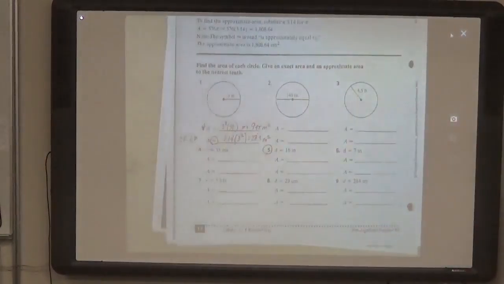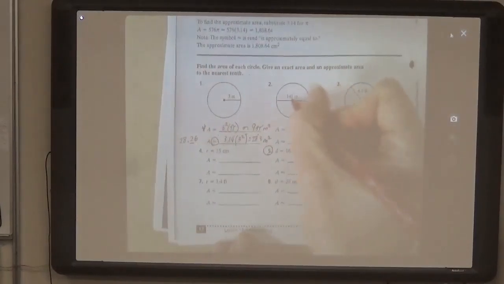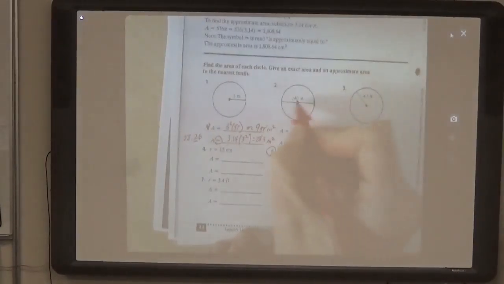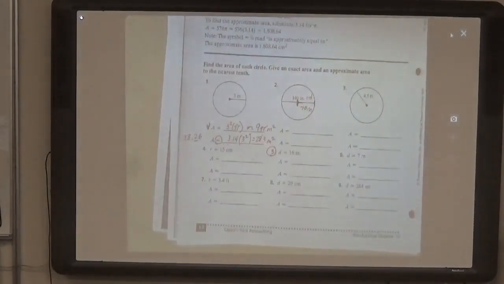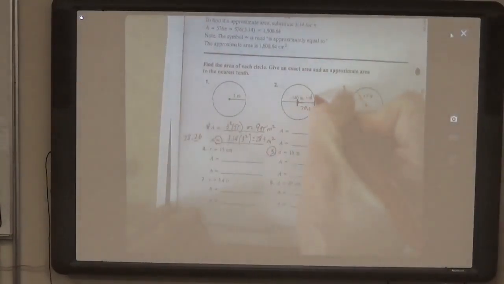And so, just like in this one, they give us the diameter as 140. What is the radius then? What is half of the diameter? 70 inches, right? We have to do the diameter divided by 2 to get the radius.